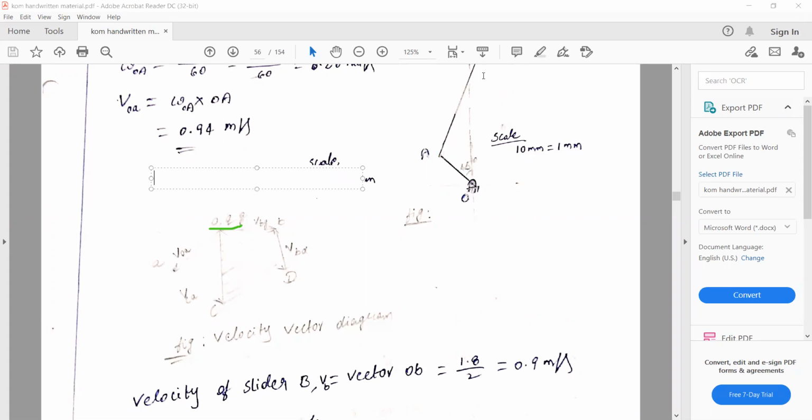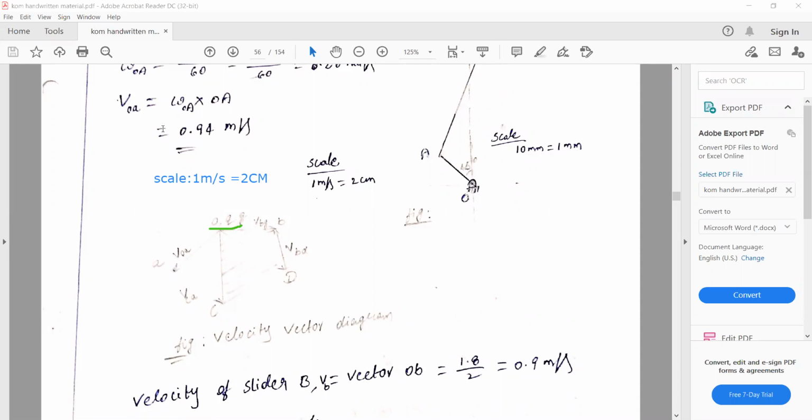The scale is considered: 1 meter per second equals 2 centimeter. Just take that scale.